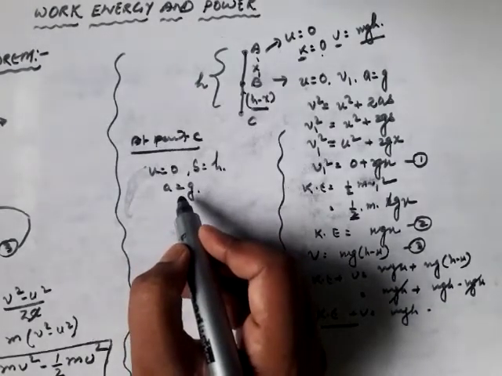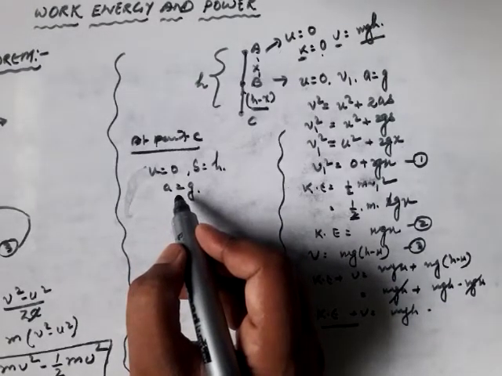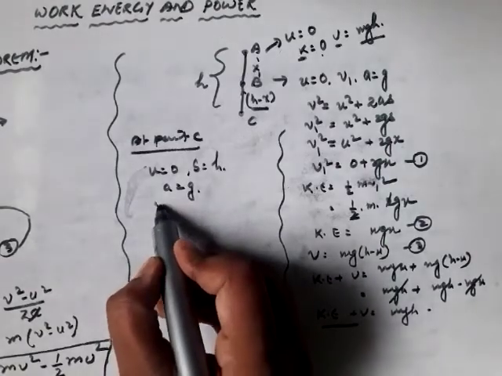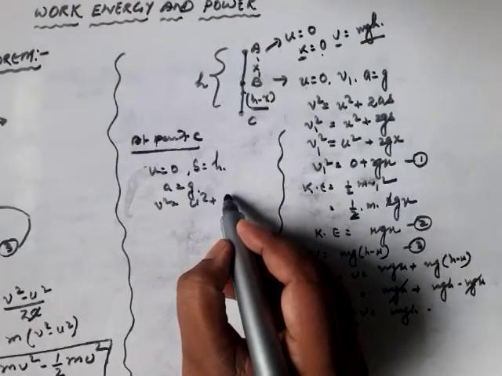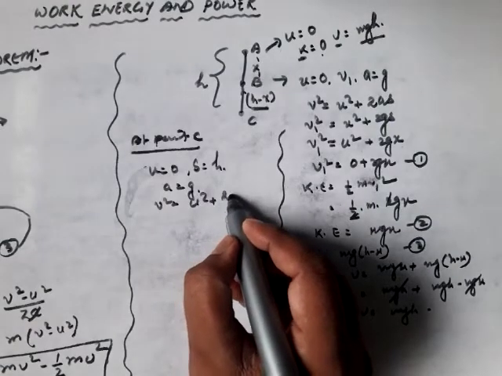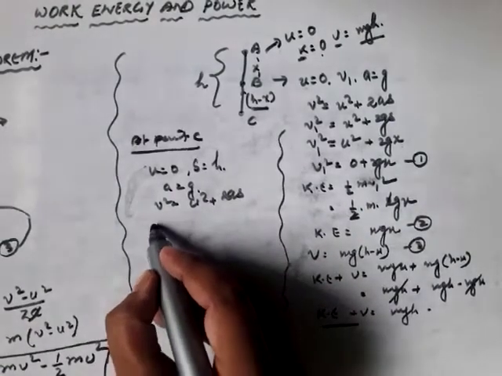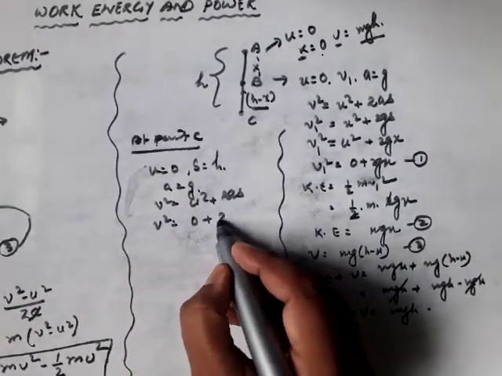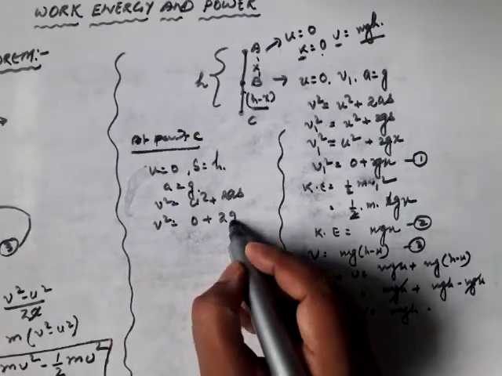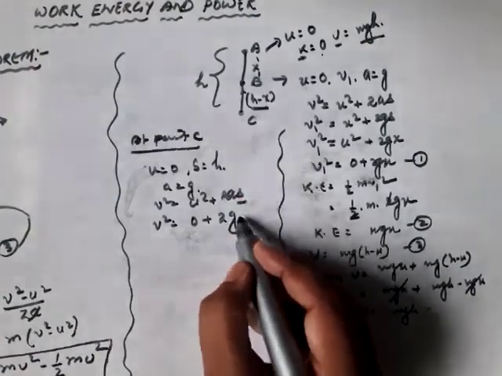Again we apply the same procedure. We know that v square equals u square plus 2as. Here u is 0, a is g, and the displacement is h.